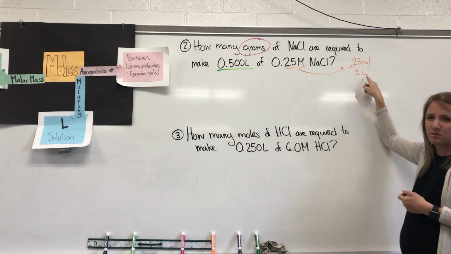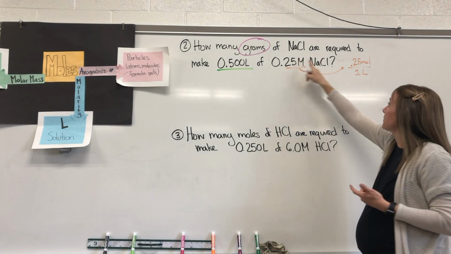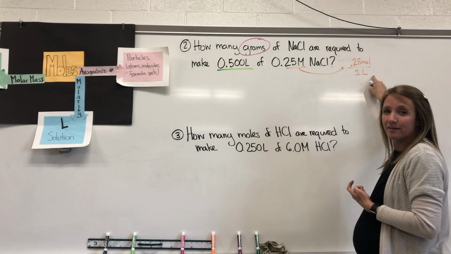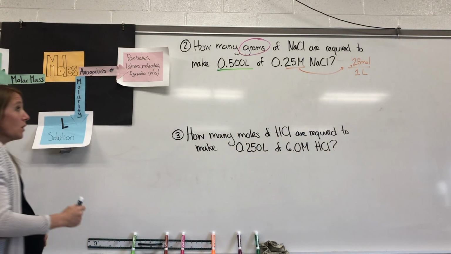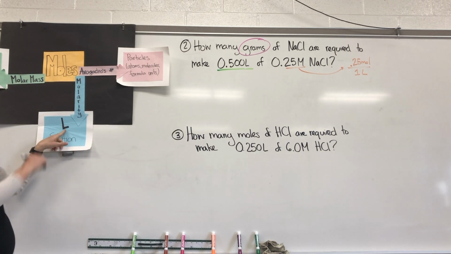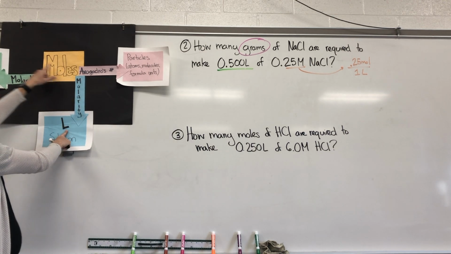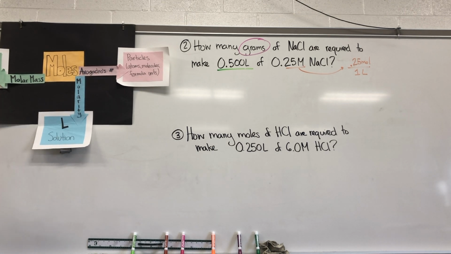That's what that means, because capital M is moles per liter. Okay, so if I take a look at my map here, we've underlined liters, so I'm starting here in the blue, and I've circled grams, so I'm trying to get up here to the green. So this is going to take me 1, 2 conversion steps to get there.